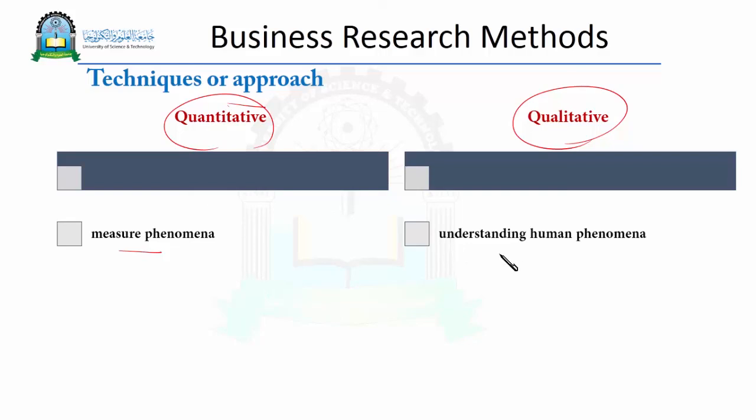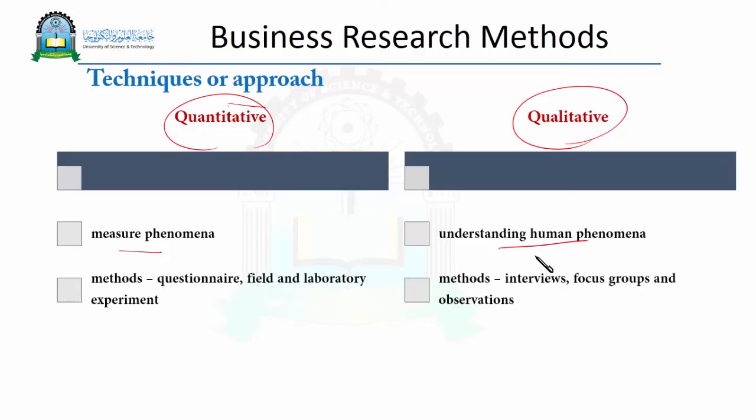And the qualitative is understanding human phenomena. This is different because here it is going to depend on the researcher as a tool of data collection, and also as a tool of data analysis. So it depends on the researcher if he can understand this human phenomena or not. It depends on his knowledge, his experience in doing this type of research.